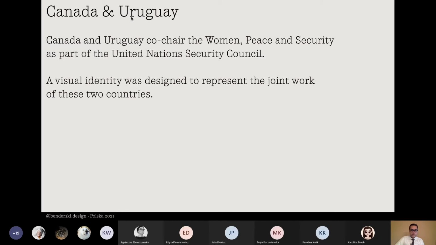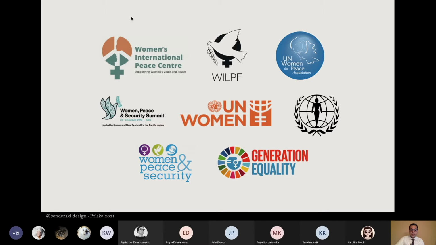So this project was created for Canada and Uruguay. It happens that Canada and Uruguay co-chair the Women, Peace and Security agenda as part of the United Nations Security Council. So they felt the need of having a visual identity that represents the joint work.